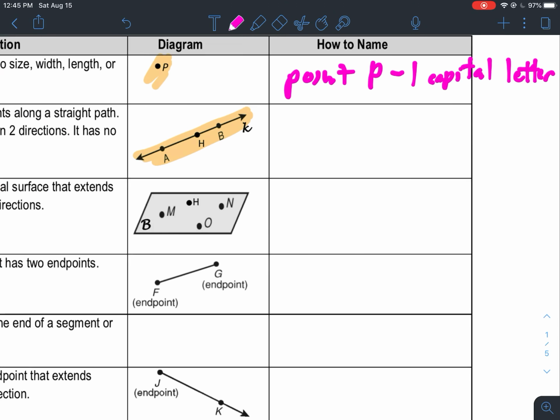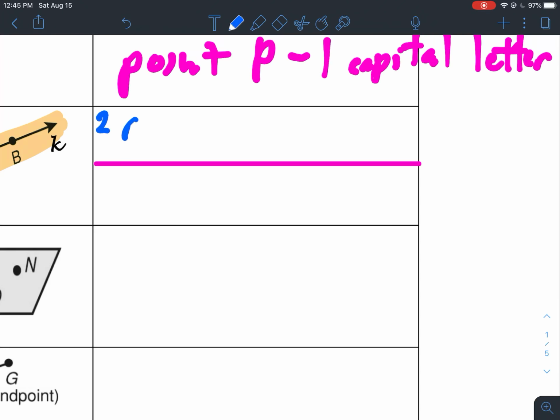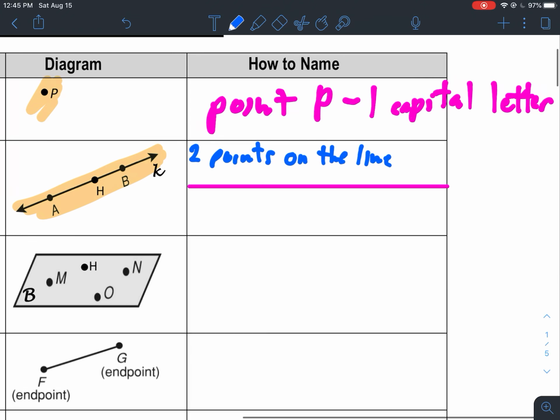There are 2 different ways to name a line. So I'm going to draw a little line here, no pun intended, and we're going to talk about the 2 different ways we can name a line. One way is with 2 points on the line. So it doesn't have to be any particular 2 points, just pick 2 points.